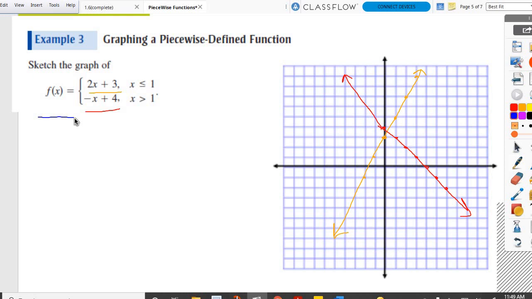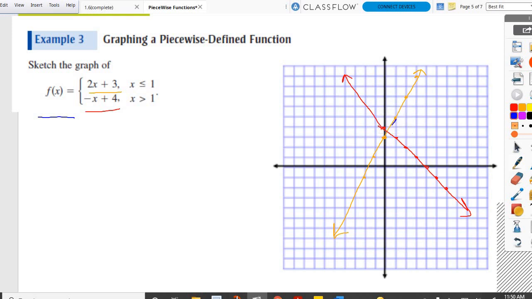So, my f of x graph. If I'm just looking at my orange graph, notice that our restriction is x is less than or equal to 1. So I'm going to go to an x value of 1, go up to my orange graph, this is the point that it's at. So then we need to decide if it's going to be less than 1, is that going to be the portion of the graph that's to the left or to the right?